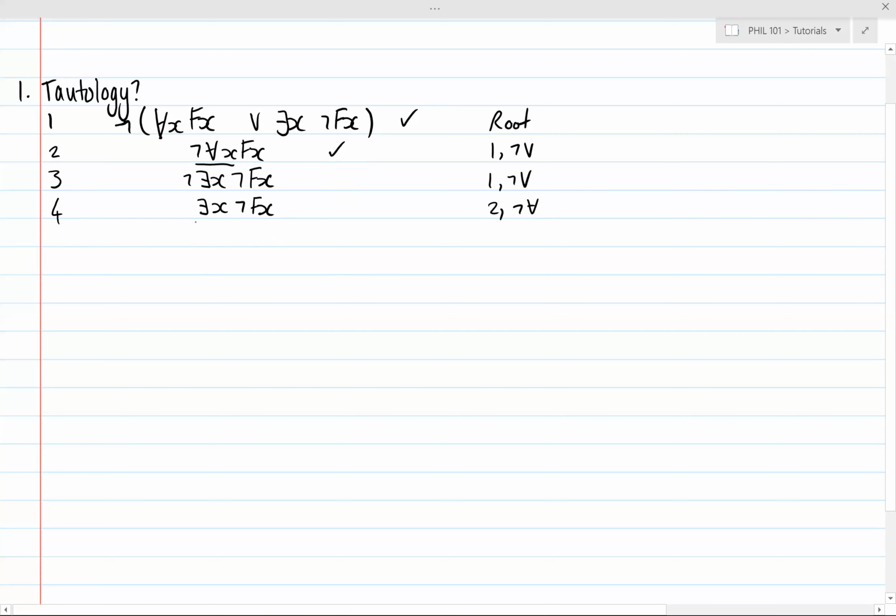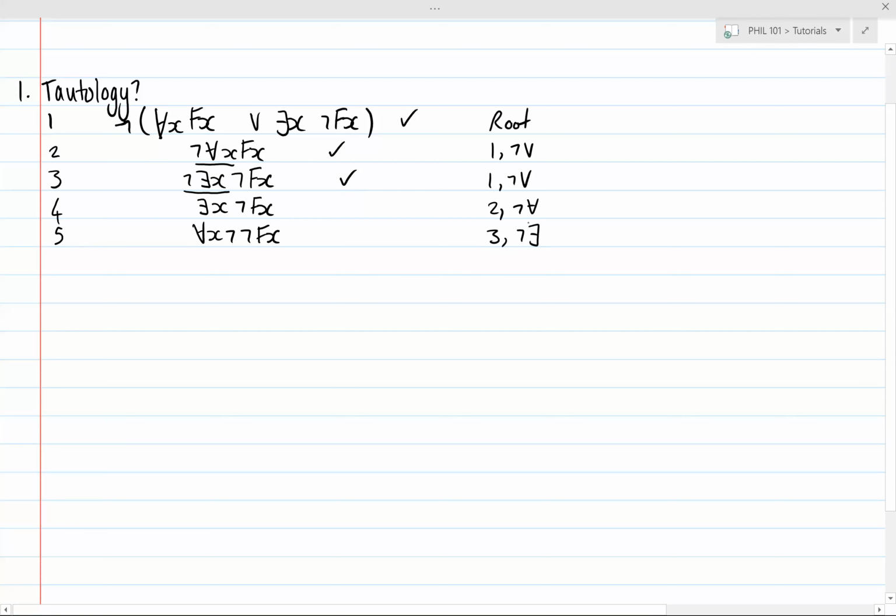And let's decompose line 3 as well. It's the negation of exists x, and that gives me for all x, negation of fx. Line 5 comes from line 3 using negation of existential.